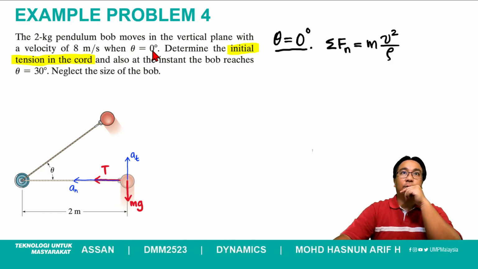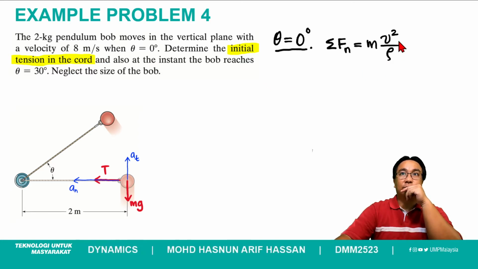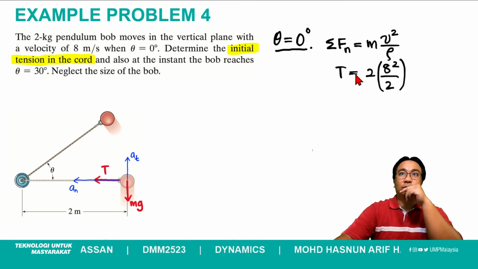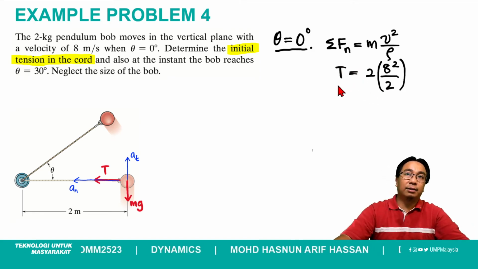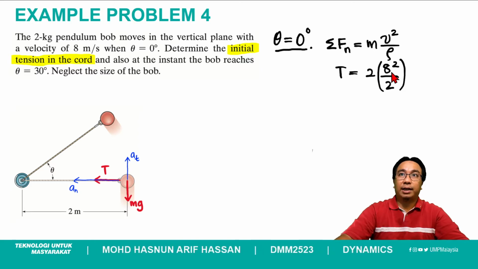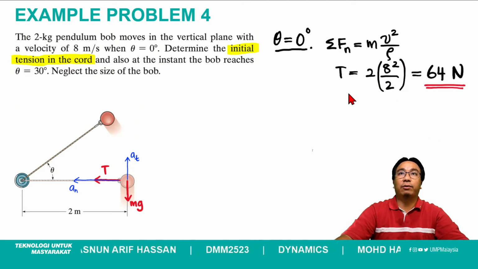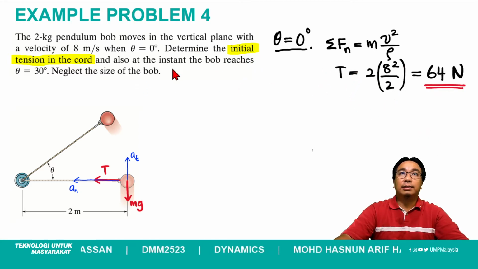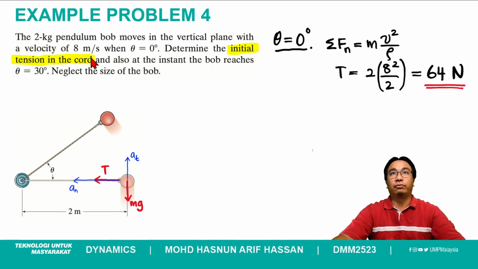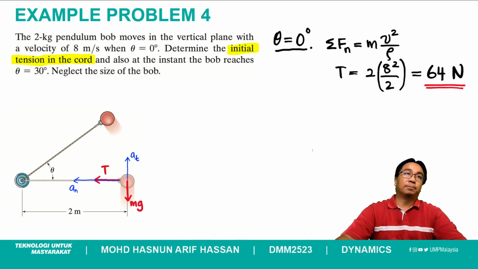When theta equals 0, the velocity is 8 meter per second, so it is also given. The mass we know, and what we don't know is only the tension. So when we write the equation, T is equal to 2, the mass, times 8 squared over 2. So the initial tension is 64 Newton. That is the first answer of the question.